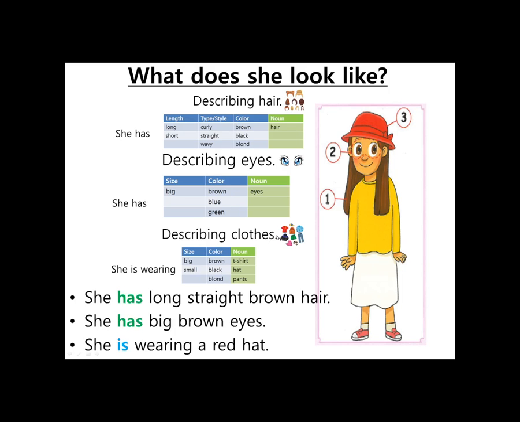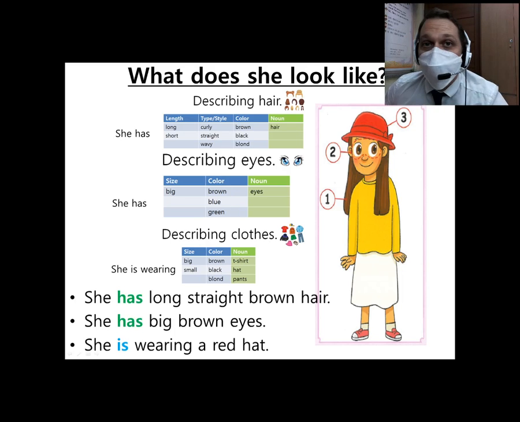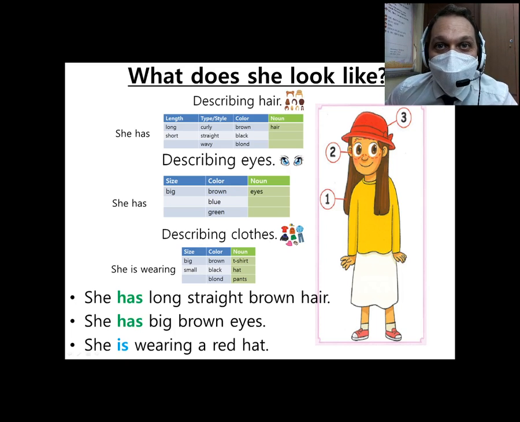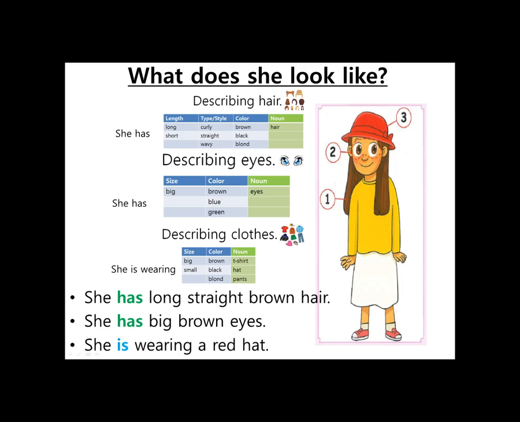Great. Sorry about the mistakes. I make these PowerPoints and sometimes they don't work quite right. So my apologies. Okay, so she has long straight brown hair. She has big brown eyes. And she is wearing a red hat.